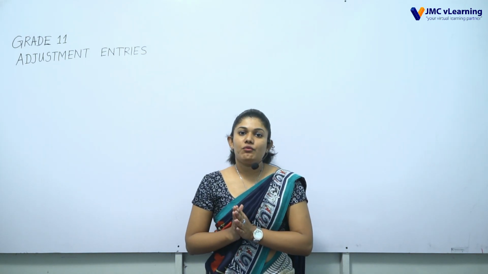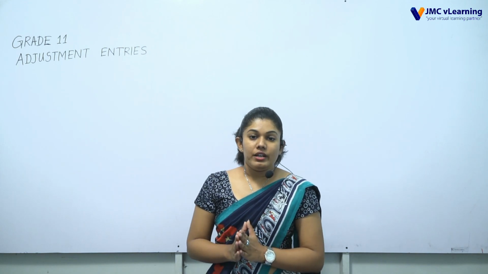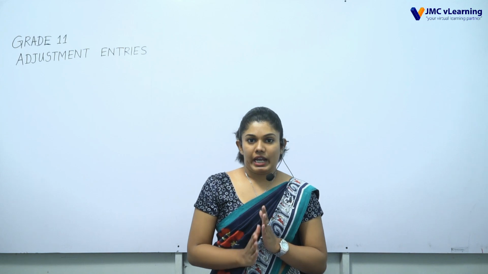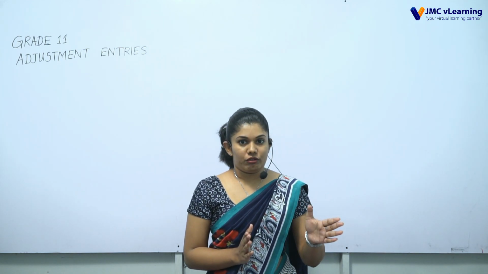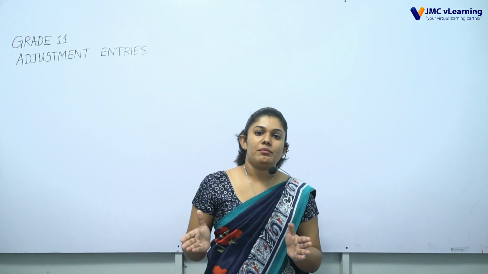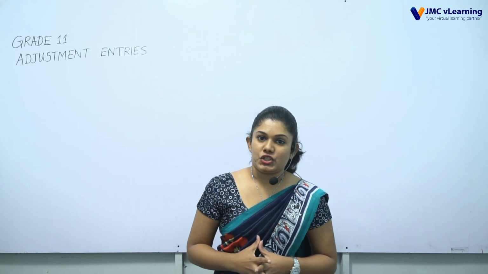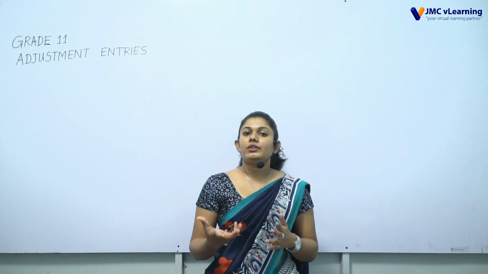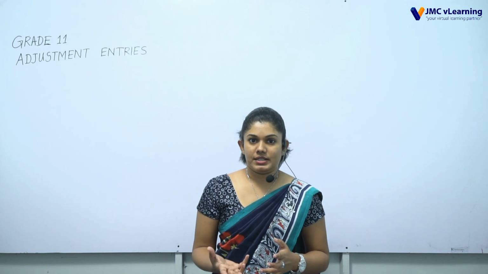When we are making financial statements, now you have already learned two financial statements, the statement of trading profit or loss and the statement of financial position. Financial statements are the output of our accounting process.